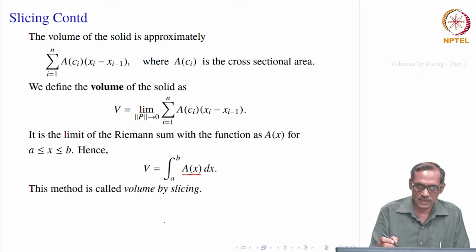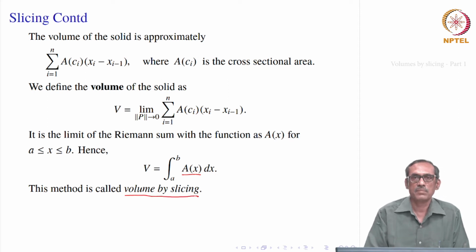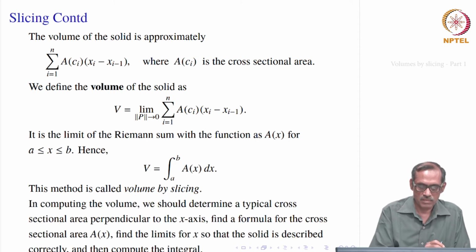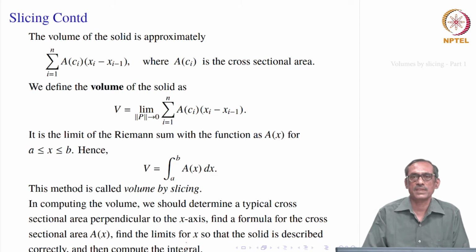Since we are taking slices, we will call this method computing volume by slicing. So, we will see some problems and how we go about it, but first, what is the requirement, how do we compute. In computing this volume, the first thing is we should find a typical cross sectional area perpendicular to the x axis.